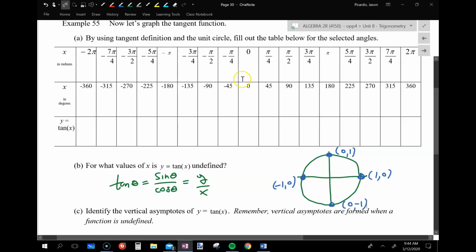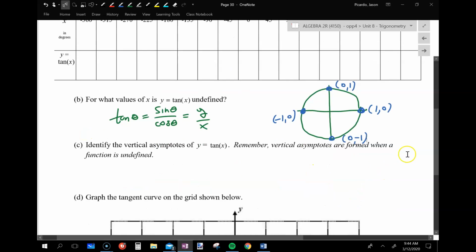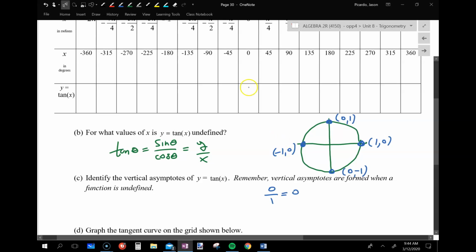At 0 degrees, I want to know the value of tangent. So what did we say? We said that tangent is equal to the y value divided by the x value. Guys, what is 0 divided by 1? 0 divided by 1 is 0, isn't it? Okay. So at 0 degrees, we got 0.